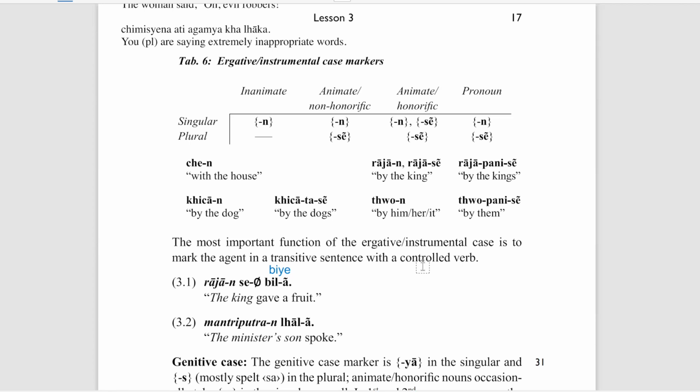And now we don't know to whom the king is giving the fruit. So if we want to say the king gave a fruit to the minister, then we will say Rajana se bilang Mandri Yada. So we have then the indirect object in the dative case ending. We will come to that later.